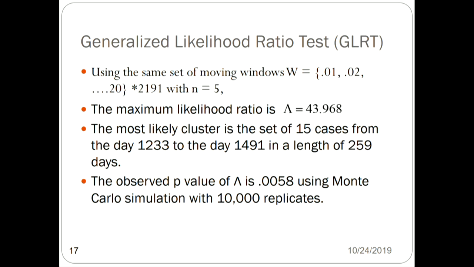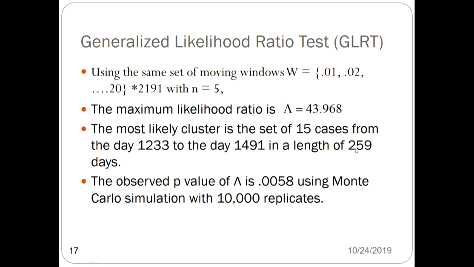And then we should be able to find out the location of the first event. So the most likely cluster happened on the day 1233, with 15 cases and about 259 days, okay?